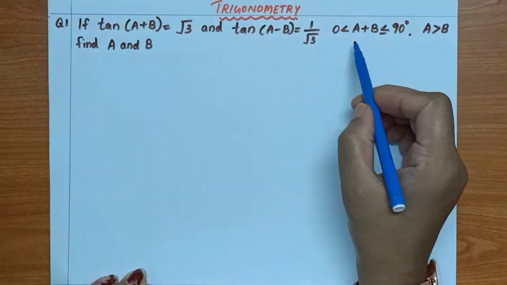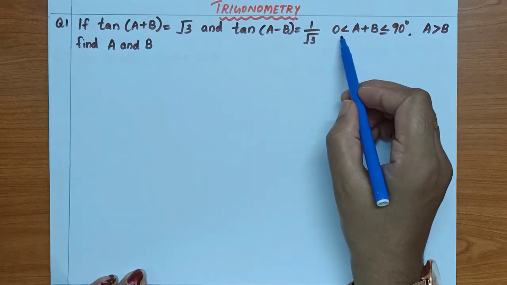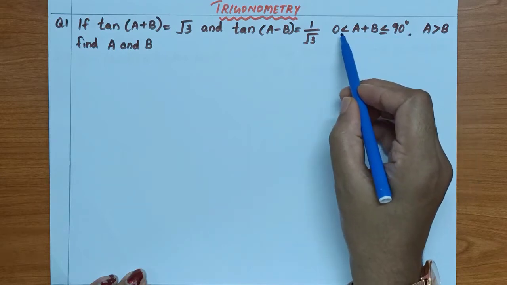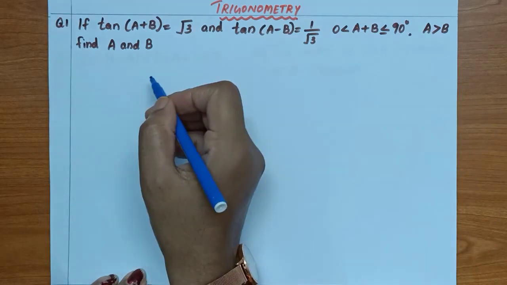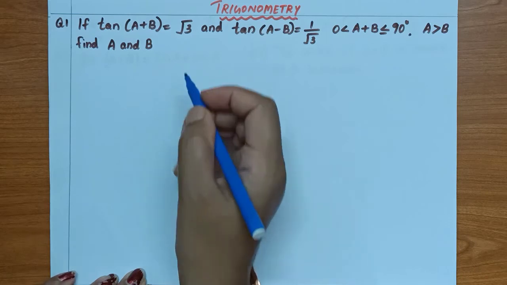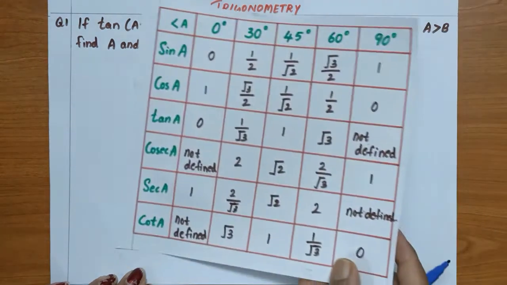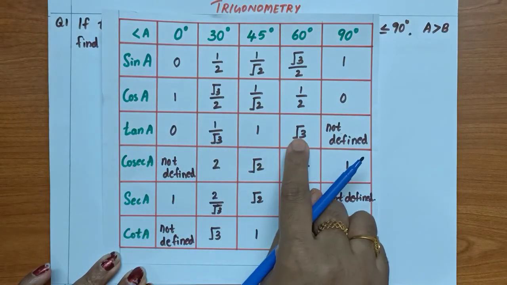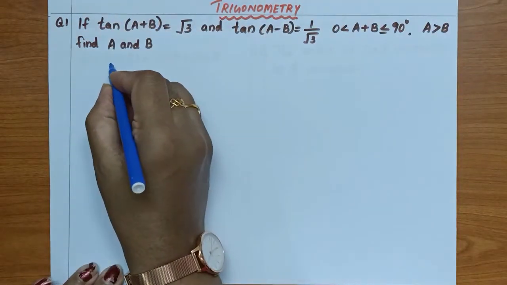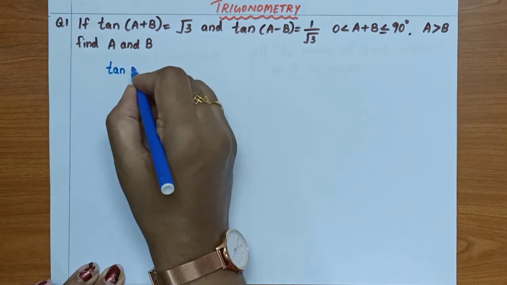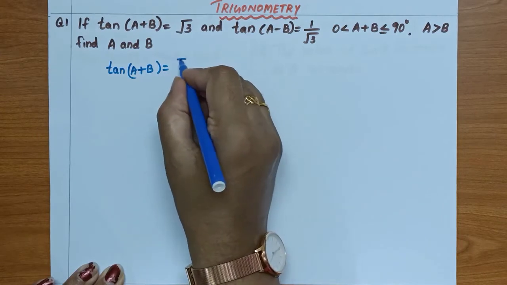Here the value of A+B is given to be between 0 degree and 90 degree; it is not 0 degree, but it can be 90 degree. So tan(A+B) equals root 3. From the table, tan 60 degree is root 3.